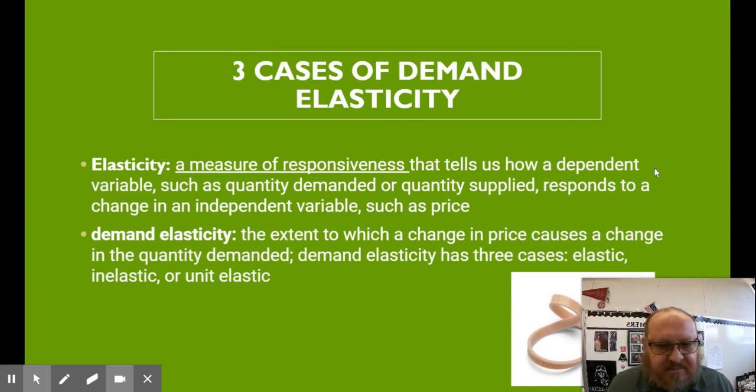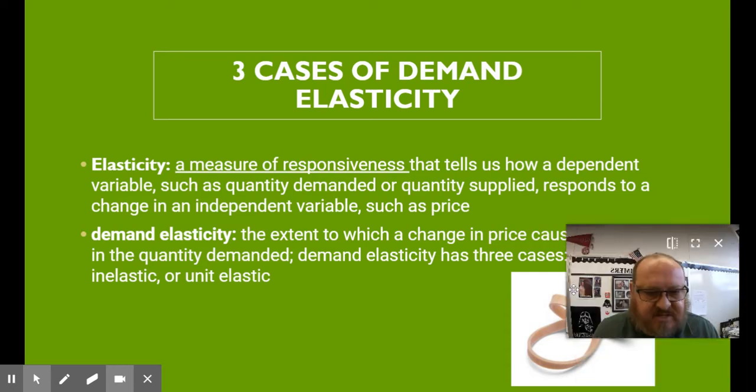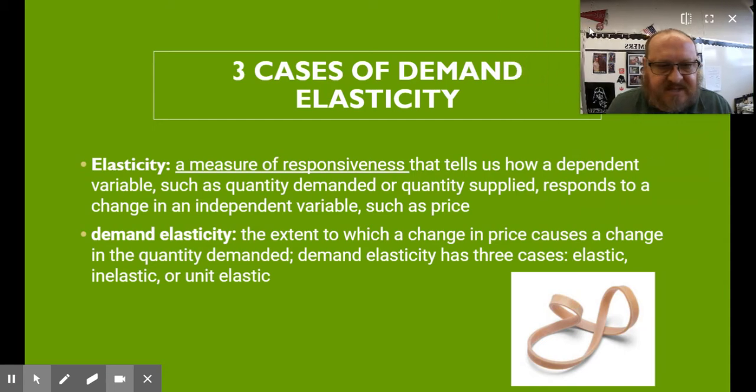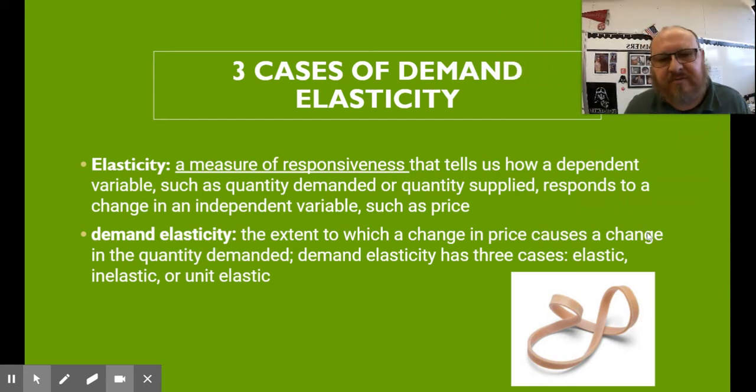There are basically three cases of demand elasticity. But first of all, we need to talk about what elasticity is. Elasticity is a measure of responsiveness. It tells us how a dependent variable, like the quantity demanded or quantity supplied, which we'll talk about next chapter, chapter 5, responds to a change in price, which is an independent variable.